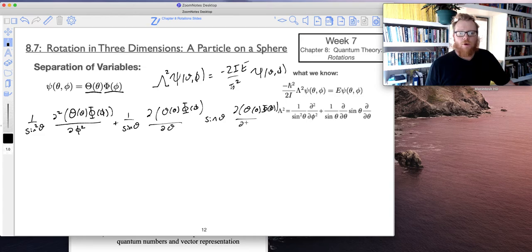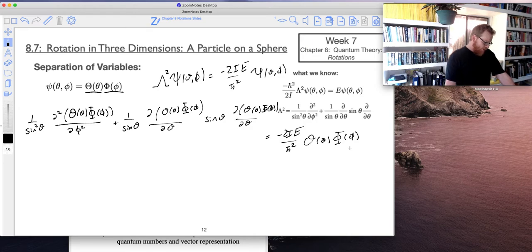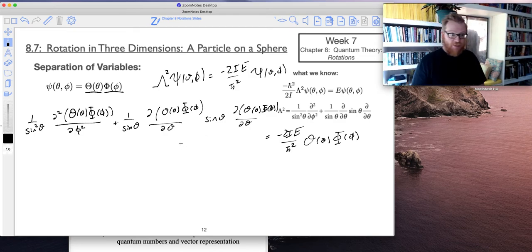Phi, partial theta, and all of this equals negative 2IE divided by h bar squared times, of course, my wave functions that have now been separated. So what I'm going to do now is pull out all of the functions that don't have dependencies. For example, here is the derivative in phi, so I don't need to worry about the theta when I'm taking the derivative in phi.